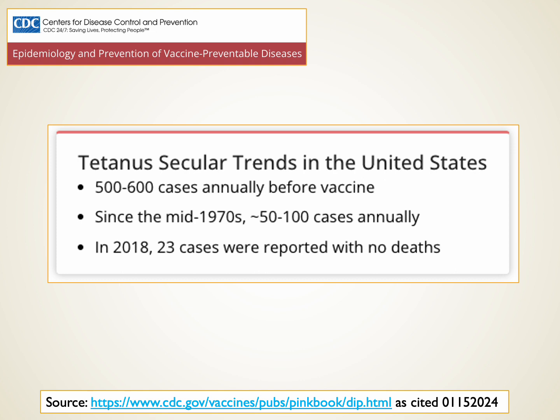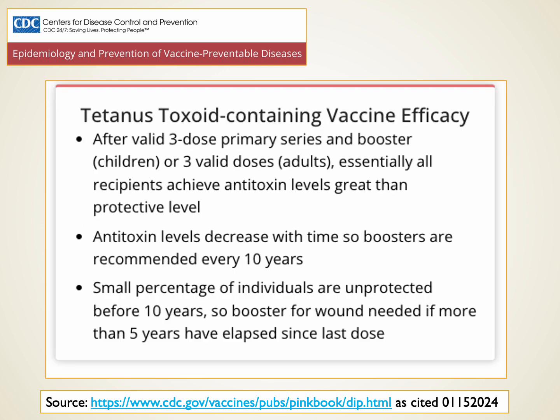He ended up doing okay, but it was a major ICU event on a ventilator, not a pleasant situation to be in, a disease that is pretty much preventable by administration of a tetanus toxoid. The efficacy with 3 doses is almost considered universal.